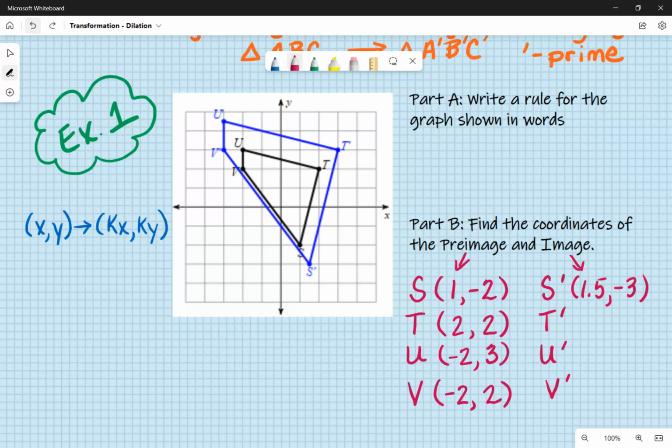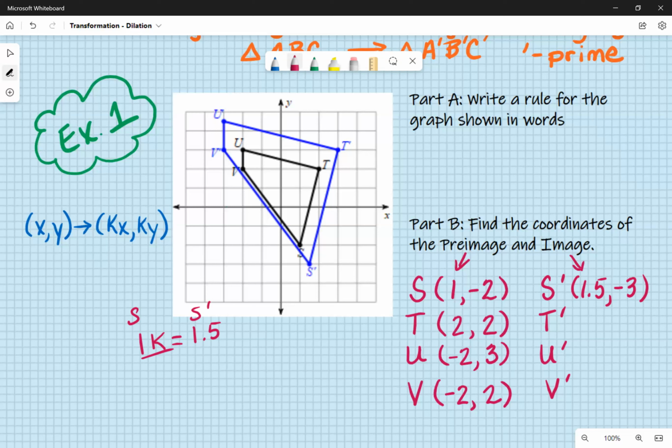So an easy way to do this is to take your original x value, 1, and multiply it times k, since that represents our scale factor, and set it equal to S prime's x value, which ended up being 1.5. So what I want to do is just solve for k.